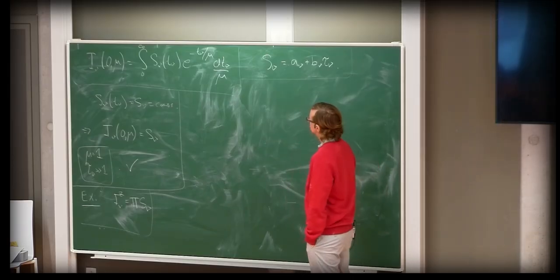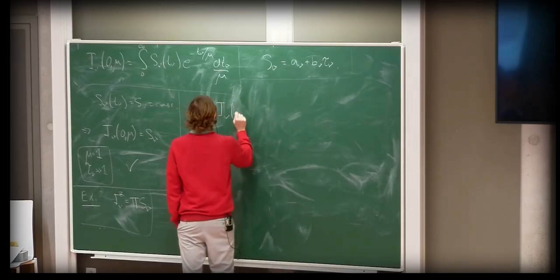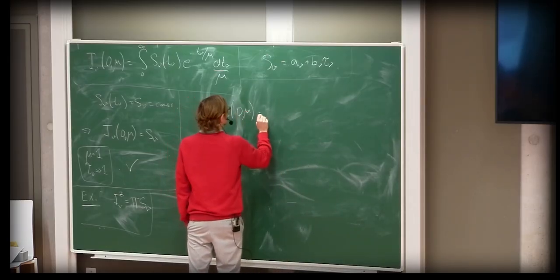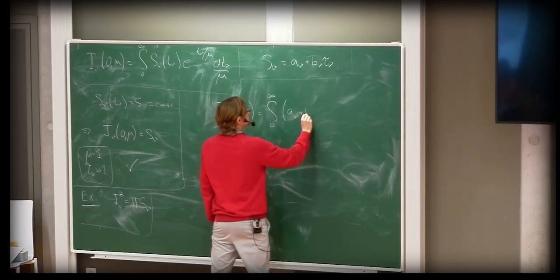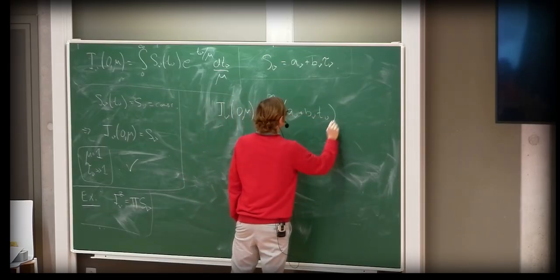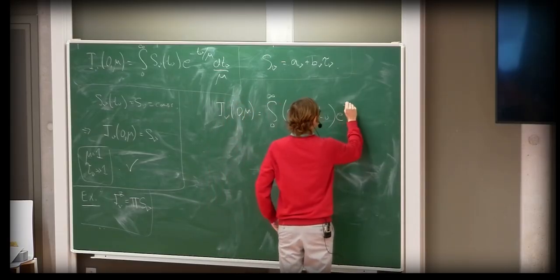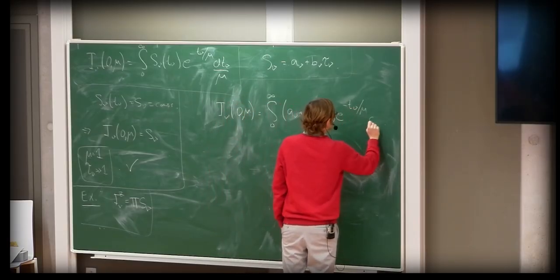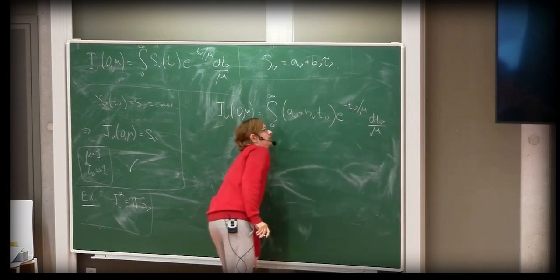So if we assume that now, and we plug that into this, we get I nu of 0, mu equals the integral from 0 to infinity of A nu plus B nu T nu, that's the source now, using the dummy integration variable, dt nu over mu.